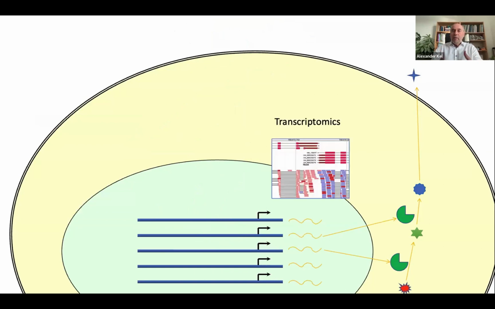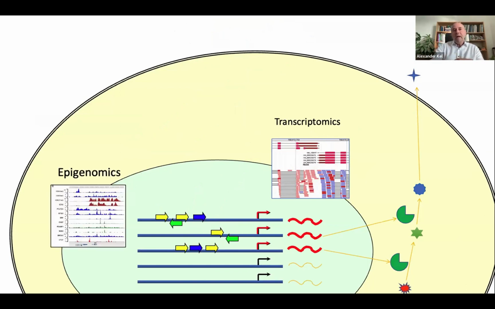From the data point of view, to analyze gene expression data we use transcriptomics, and you see this typical RNA-seq picture, when you sequence RNA and map those reads from RNA onto the genome. In the case of predicting binding sites for transcription factors, we need epigenomics.